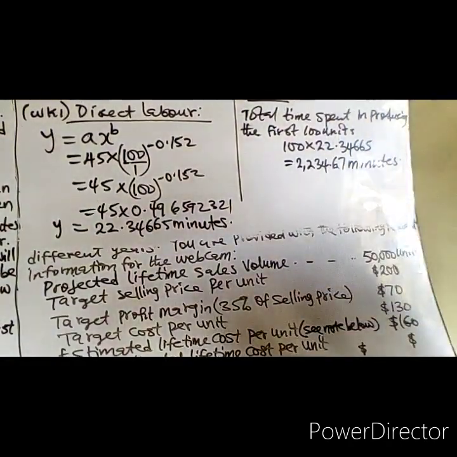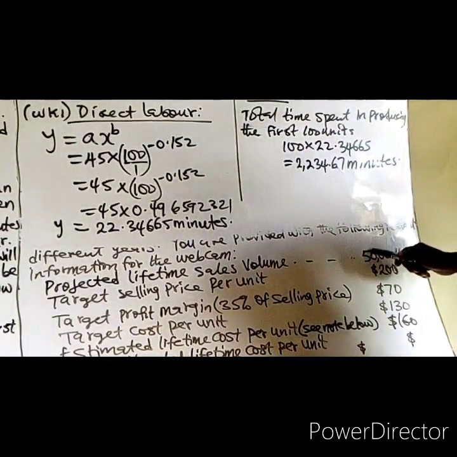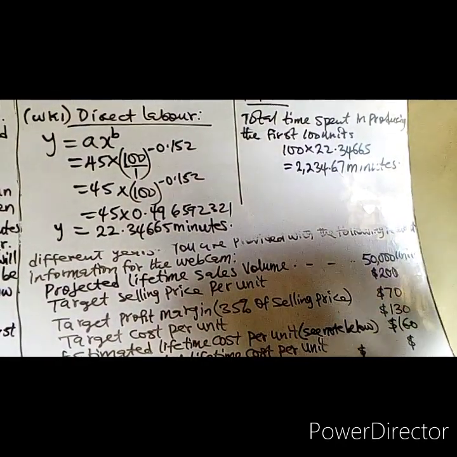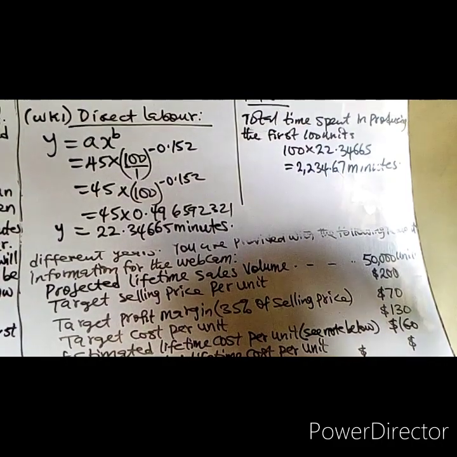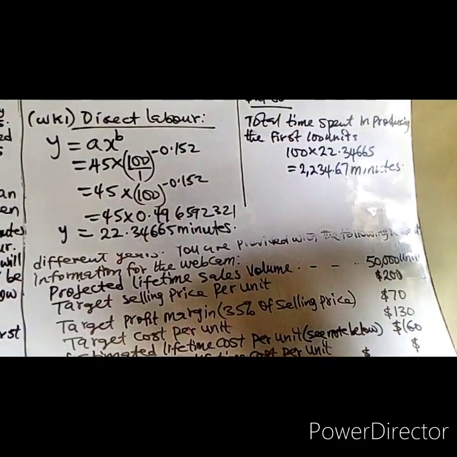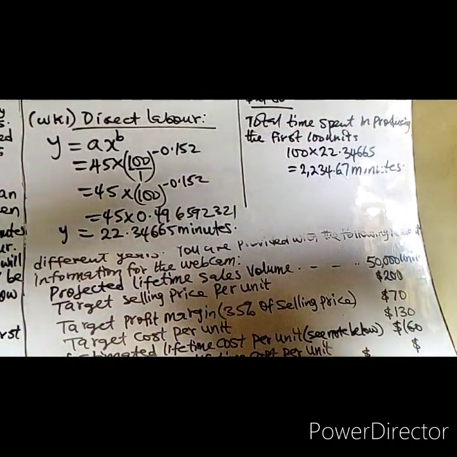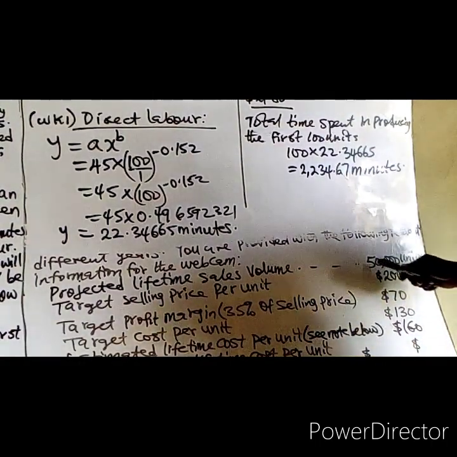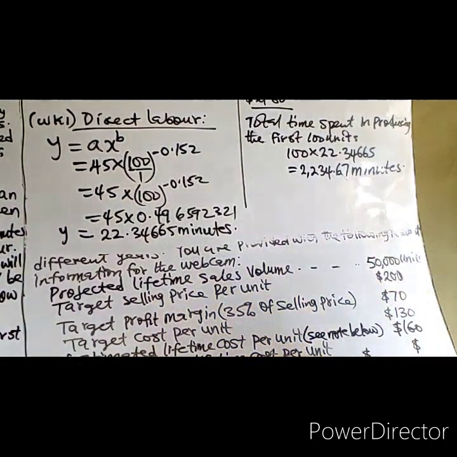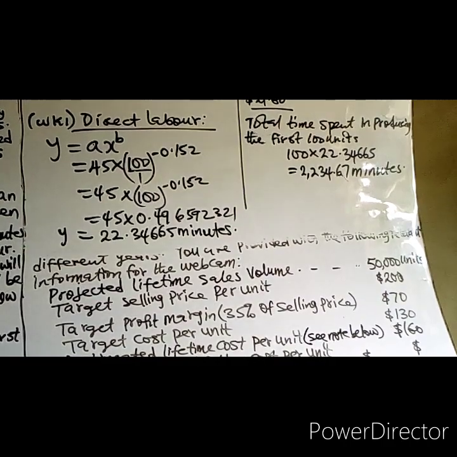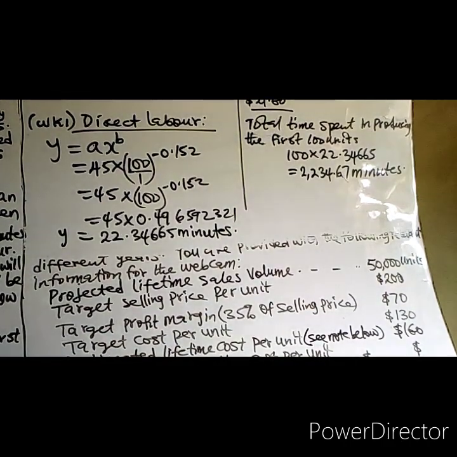If you subtract 100 from 50,000, you'll be left with 49,900 units. So the time spent in producing the 100th unit will be spent in producing the remaining 49,900 units.